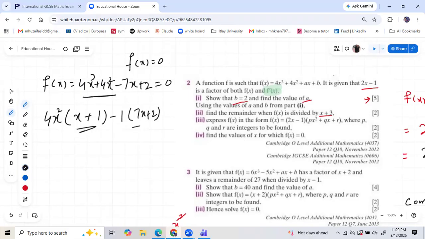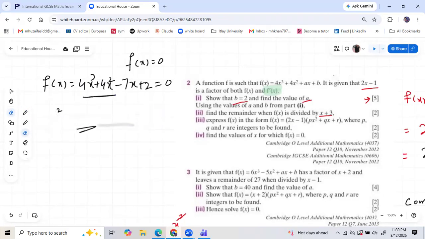This is not okay, so we are removing this one.